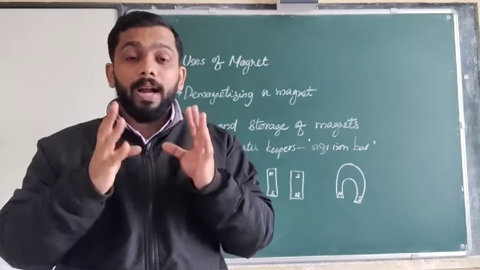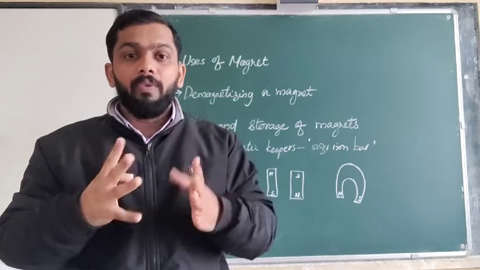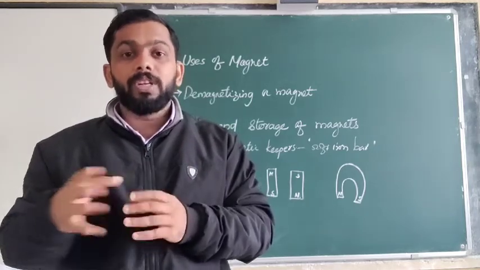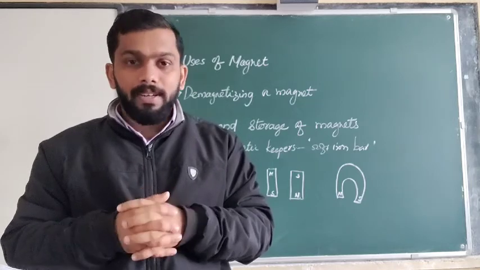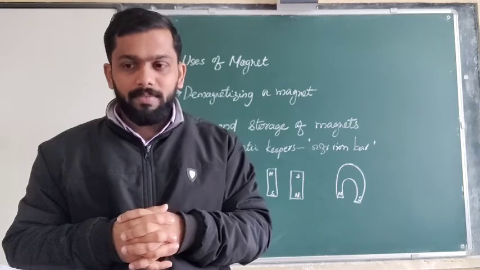Whatever information is stored about our account and our details is stored in magnetic strips. So the strips are what operate ATM cards and credit cards. Just imagine the use of magnets.